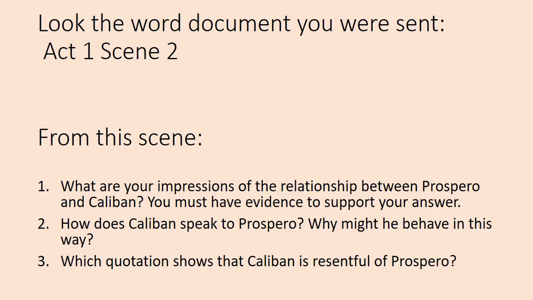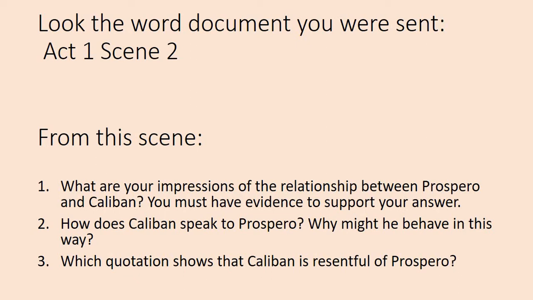Next question, number 2. How does Caliban speak to Prospero? Why might he behave in this way? So you've got to do 2 things there. You've got to read what Caliban says to Prospero and think about that language. Is it positive? Is it negative? Is it respectful? Is it disrespectful? Is it somebody being weak and submissive and surrendering? Or is it somebody still trying to fight back and challenge? And then think about, once you've decided that, read what he's saying.